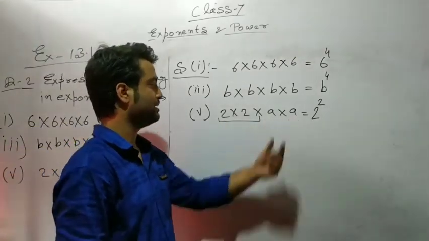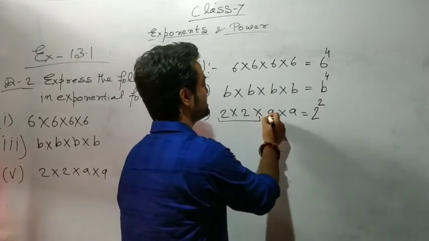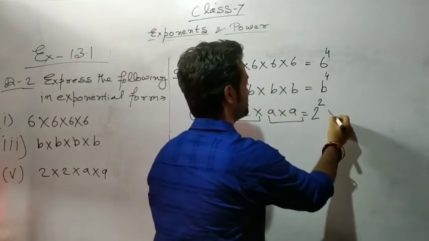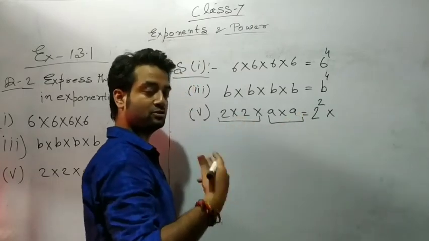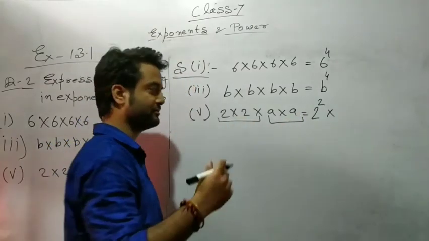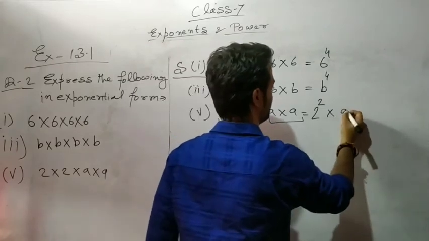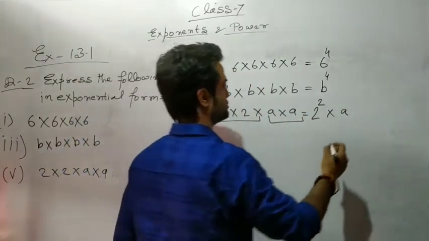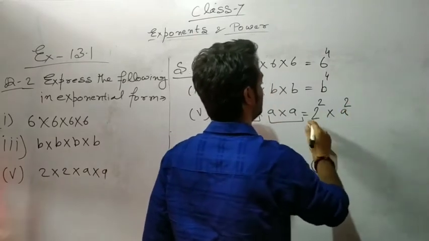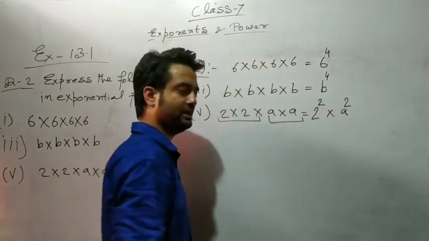Now look at the second part. There is a multiplication sign. So we will write the multiplication. Now a is multiplied 2 times. So what will be the base? Exactly. a will be the base. And what will be the power? 2. So it can be written as 2 square into a square.